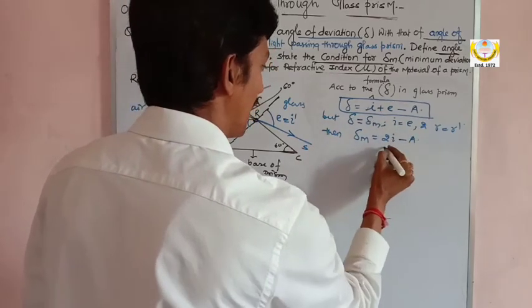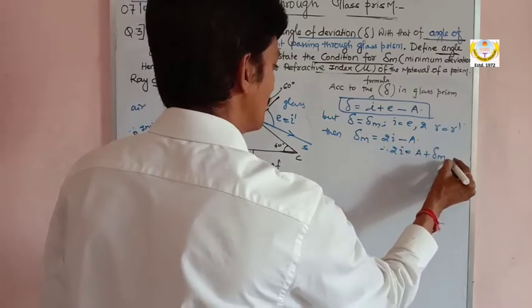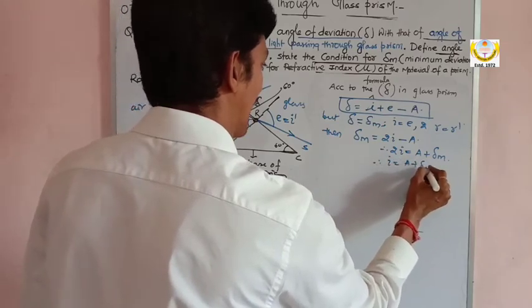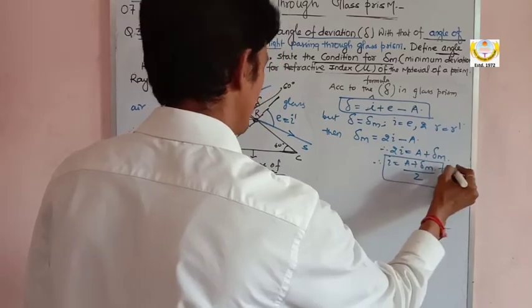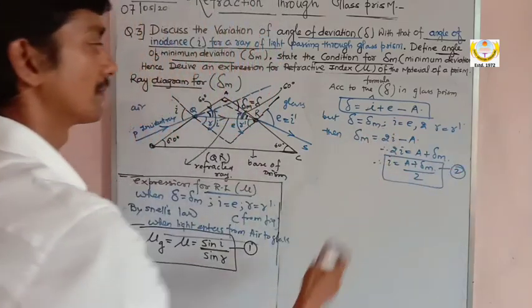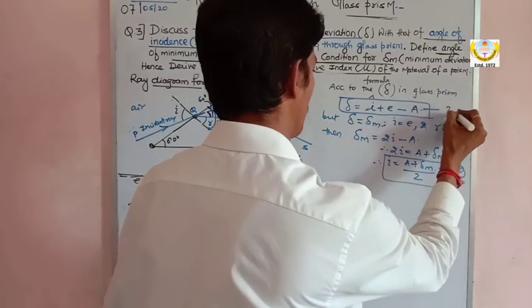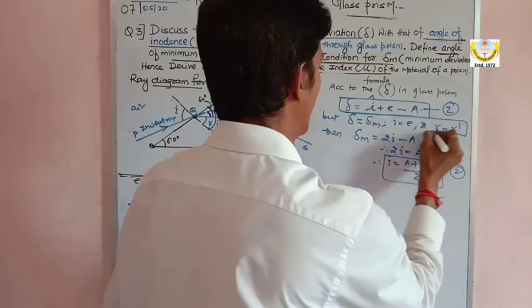Therefore 2I is equal to A plus delta M, and therefore I is equal to A plus delta M divided by 2. I hope it is clear. This I put as equation number 2, and the entire substitution as 3.